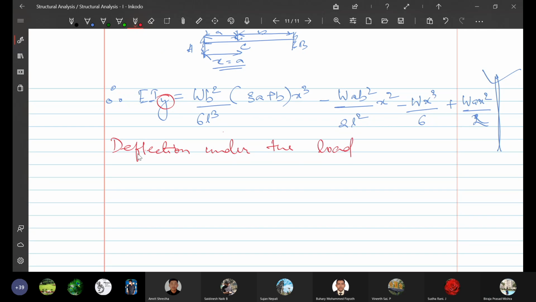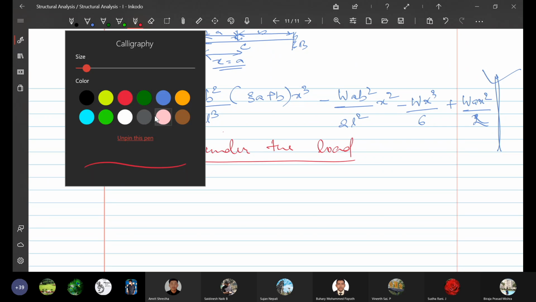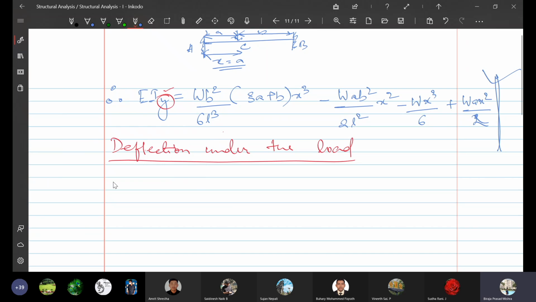Now, can I write EI into y max here, that is the maximum deflection. We generally know that the deflection under the load will be maximum.